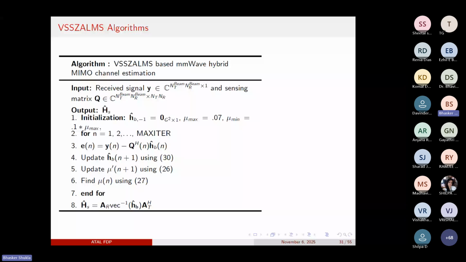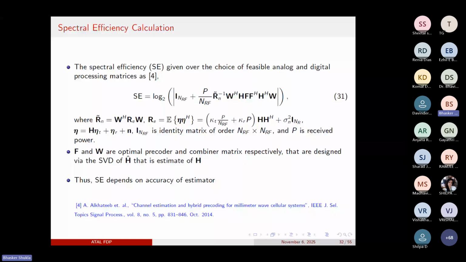and again the spectral efficiency is given by this relation, where eta is the overall noise of the system, given by this, and here is the covariance matrix for the error, given by kappa T into P by N RF and kappa R into P, where P is the power of the transmitted signal.